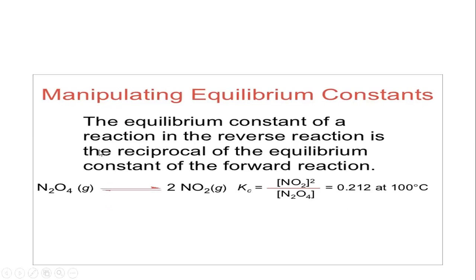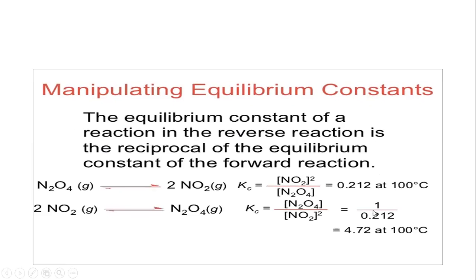This is the first concept here: when you reverse the reaction, as he was saying, the products rather become the reactants, so we have to find the reciprocal of the equilibrium constant. So we did this example where we had to find 1 out of 0.212 because we reversed the reaction. We wrote a different reaction altogether for this.